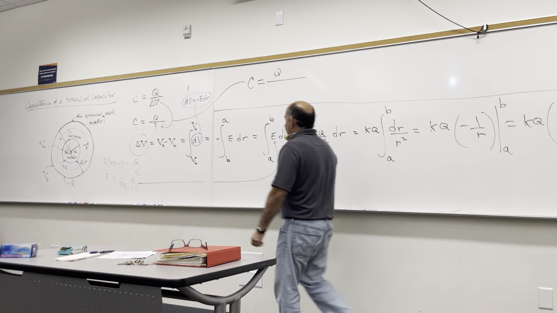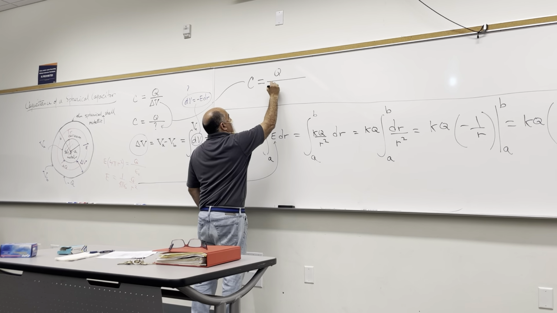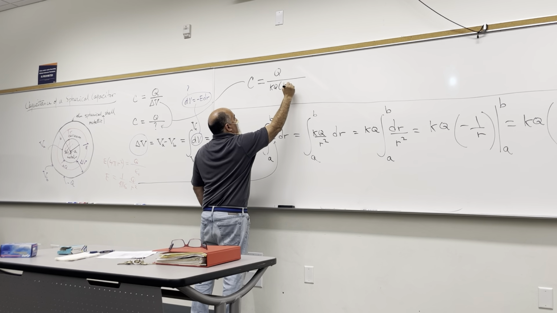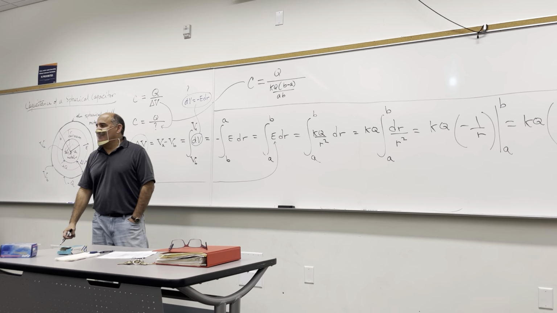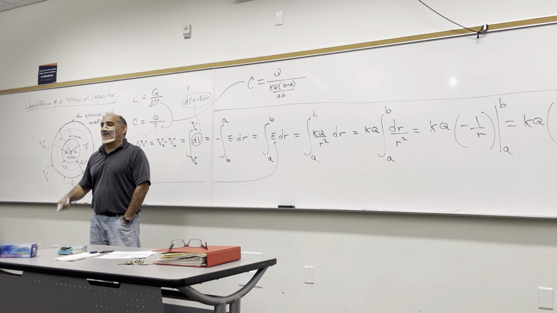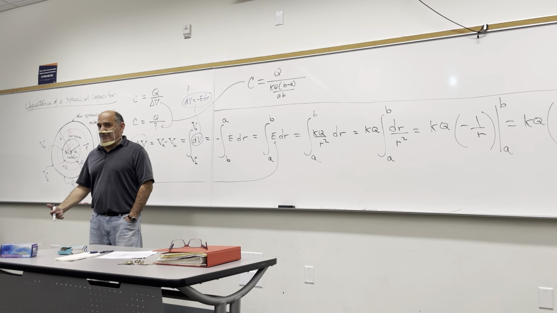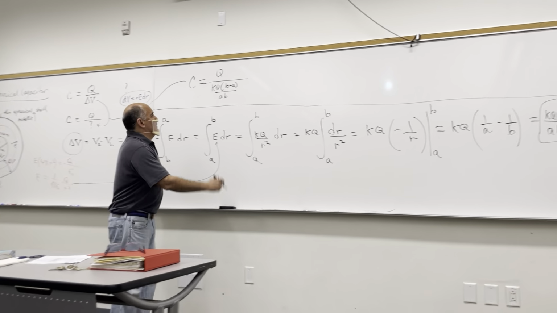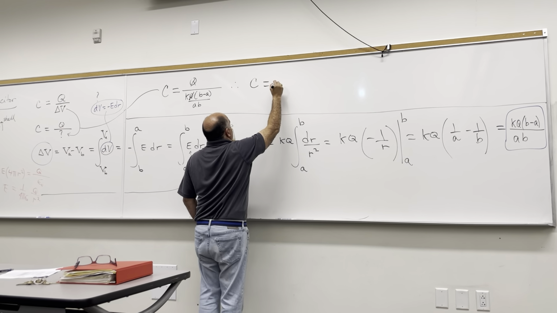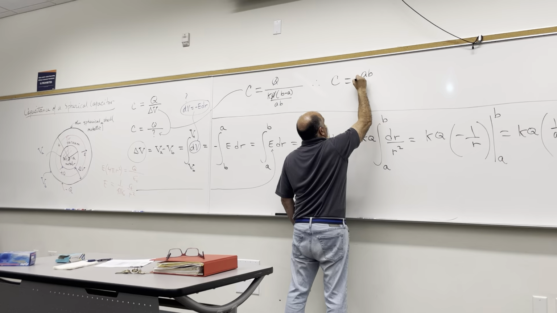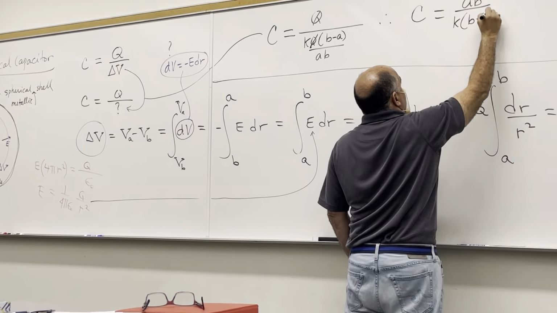So I divide by KQ times B minus A over A times B. And notice how conveniently the Q drops out. We don't need to have the conductors charged for there to be a capacitance. So this will be A times B over K times B minus A.